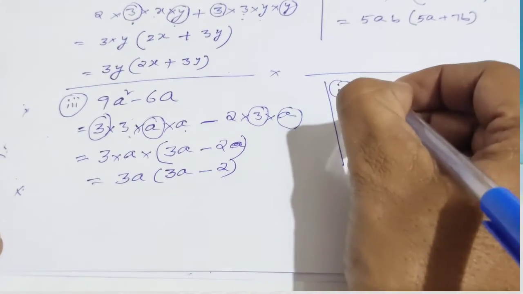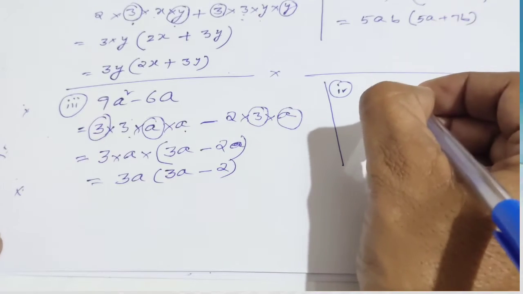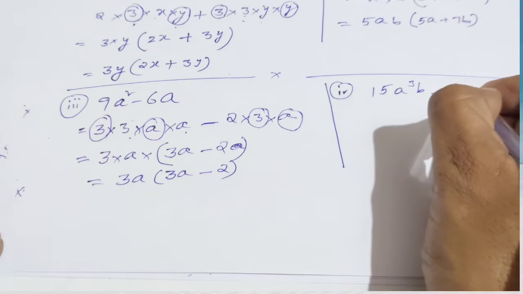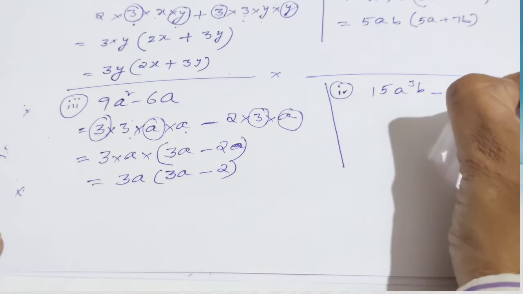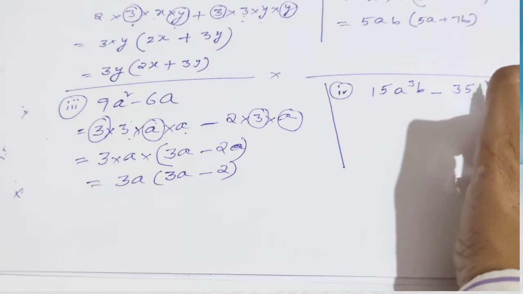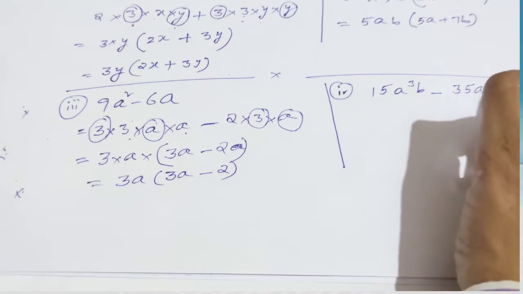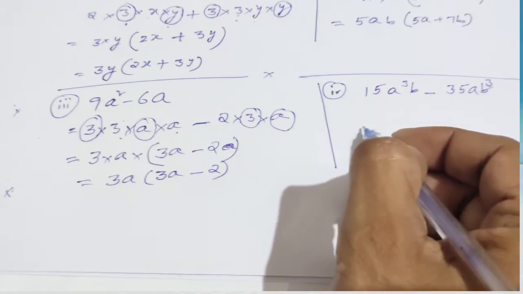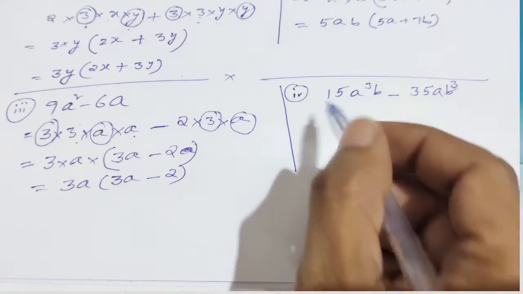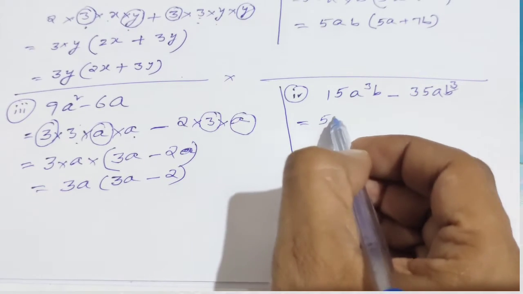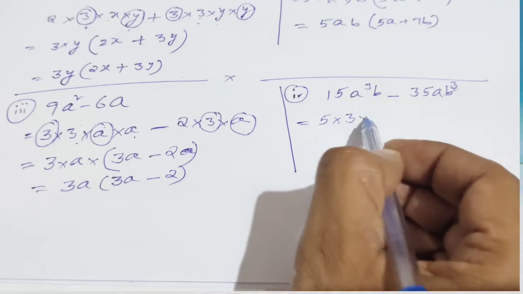Now one more, 15a cube b minus 35ab square, or else you can take ab cube. Now this 15 can be written as 5 into 3.